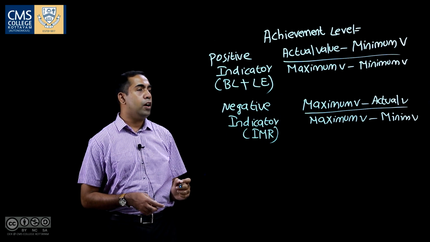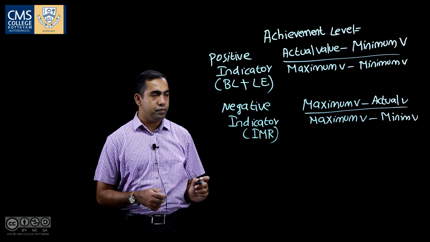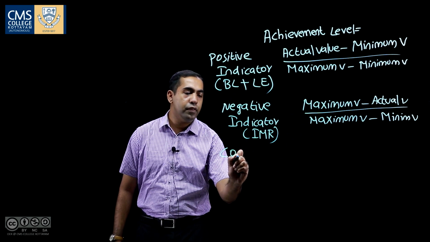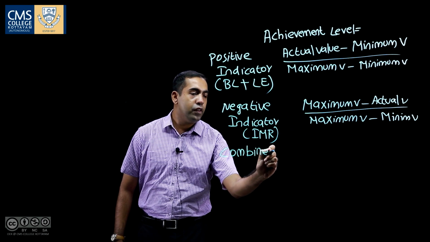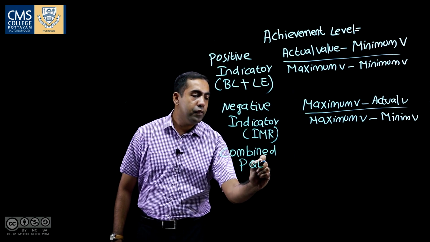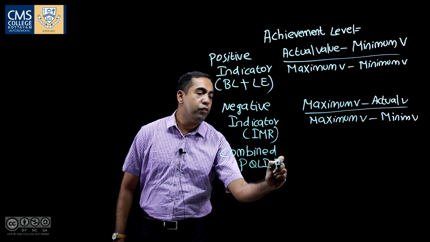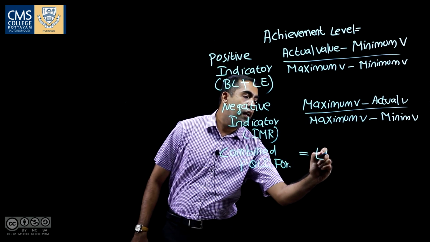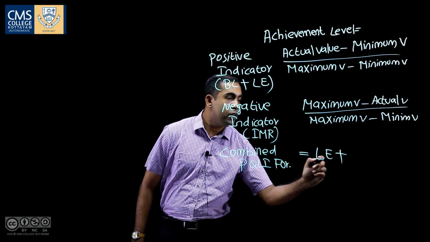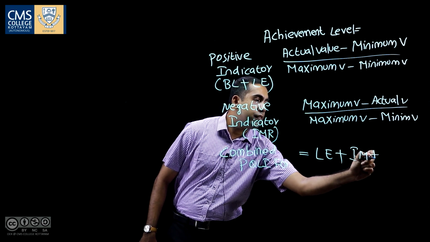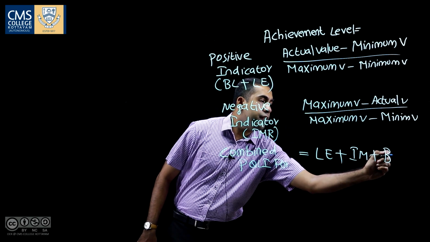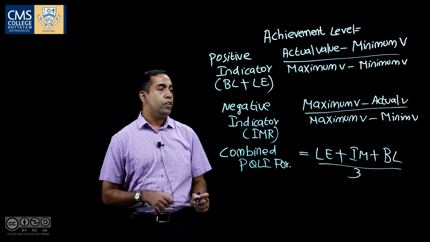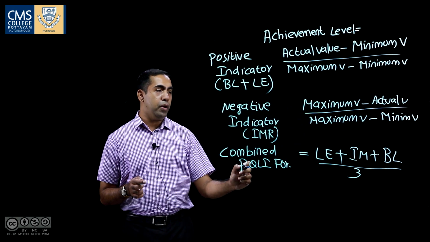So, this is the formula for the negative indicator. Lastly, the combined PQLI formula is equal to life expectancy plus infant mortality plus basic literacy, divided by 3. So, this is the general formula.